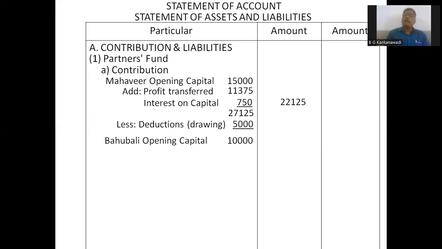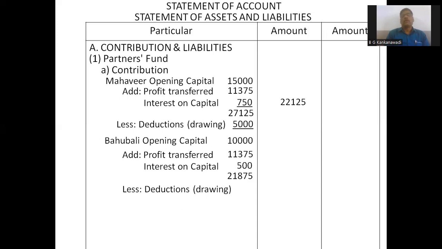Add interest on capital and share of profit. Share of profit is 11,375. Then interest on capital is 500. Total is 21,875. In this total, you deduct the drawing. 2,500 drawing you deduct. Balance is 19,375.